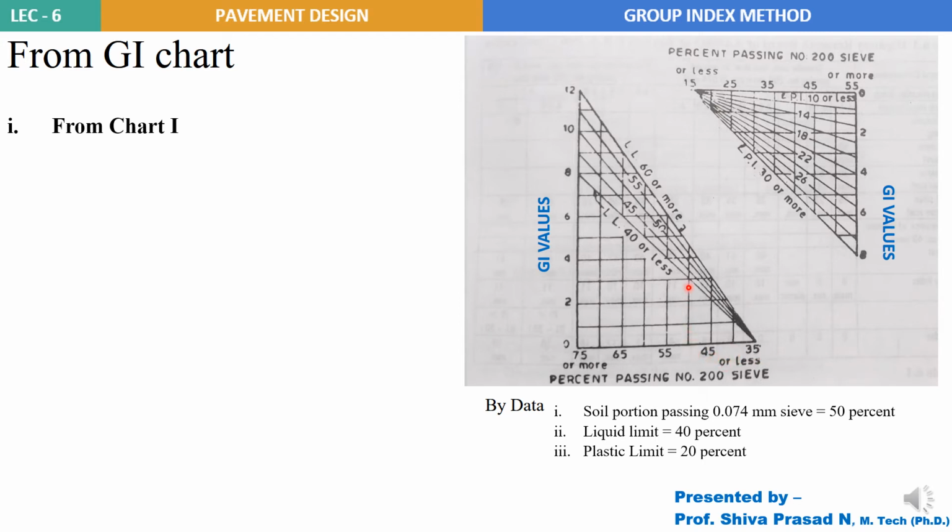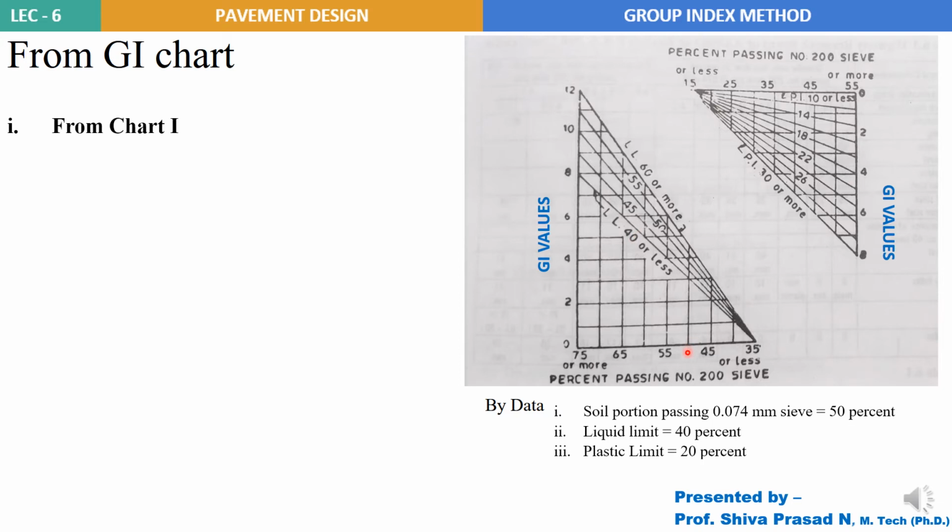This vertical line represents 50% of the soil passing 0.074 mm sieve. Next, the liquid limit is 40%, as given in the problem. The first, bottommost inclined line represents the 40% liquid limit, and next you have 45, 50, 55 and up to 60 with many inclined lines.